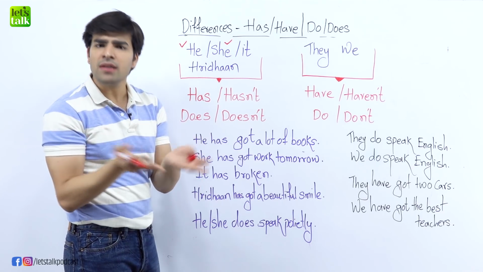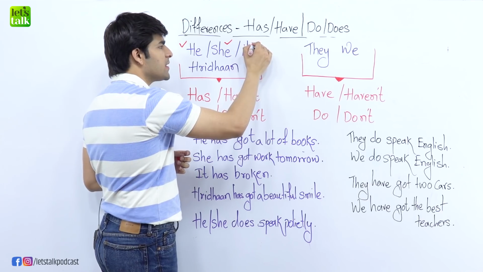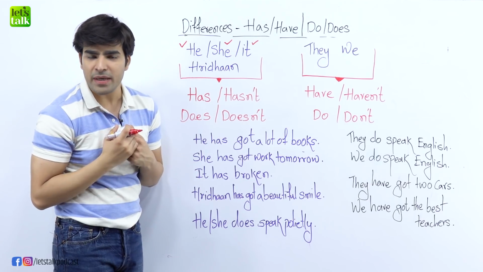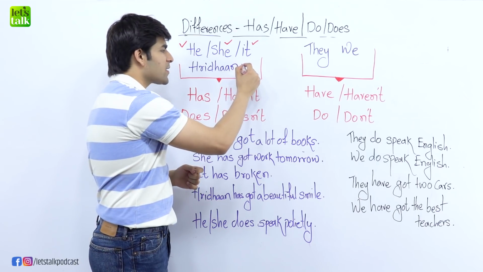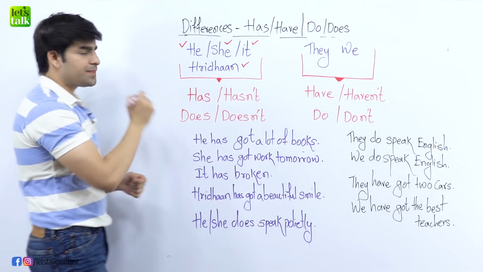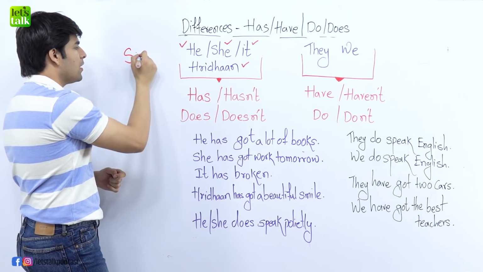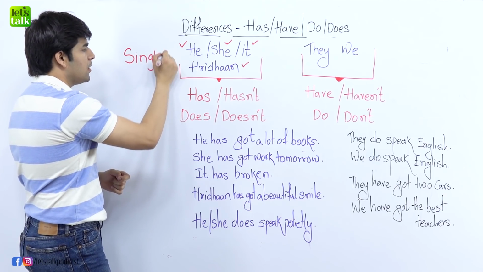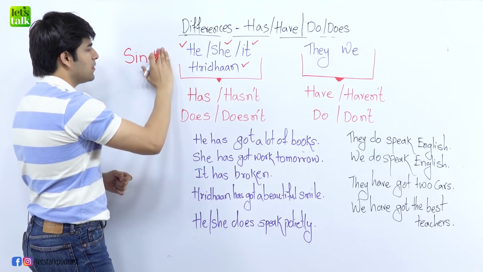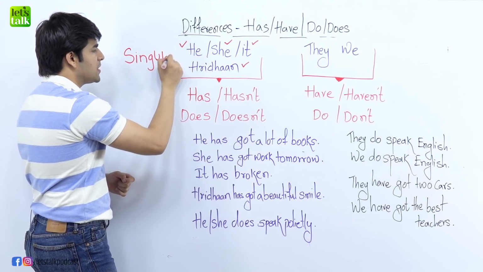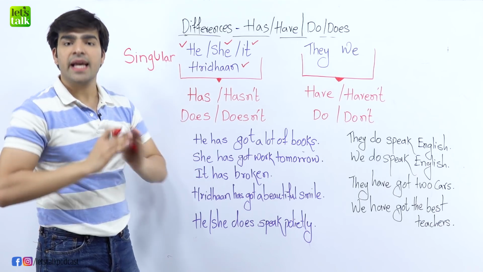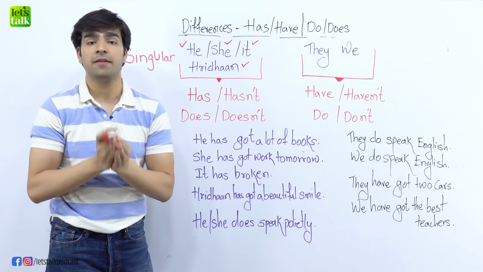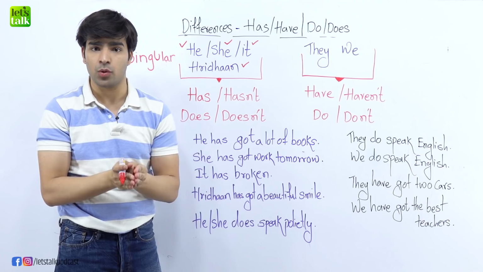It, one particular object or whatever it is. And Hridhaan, which is me, one boy or many boys? Just one boy. So it's all singular. I'm going to write it. Singular.